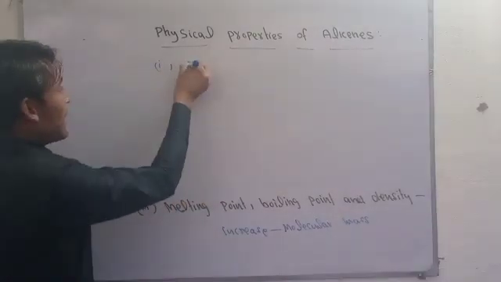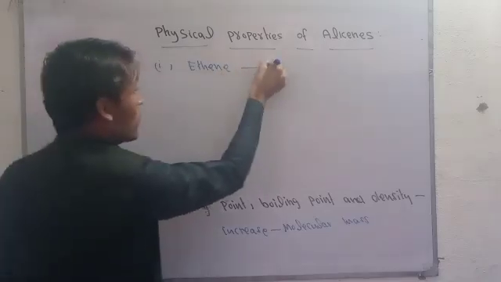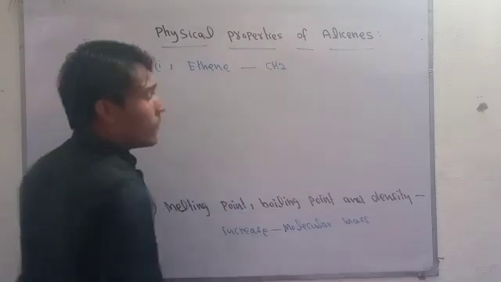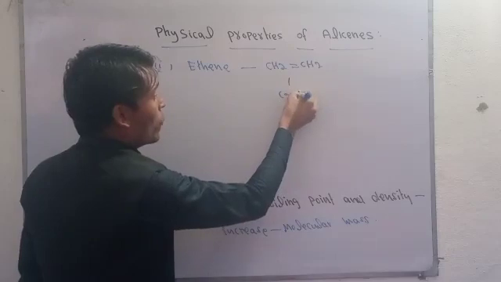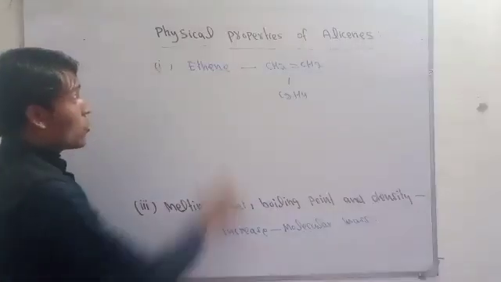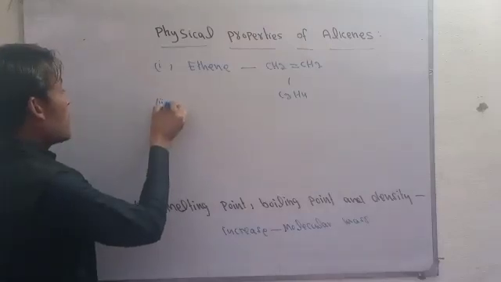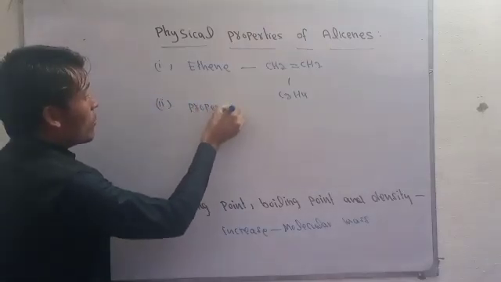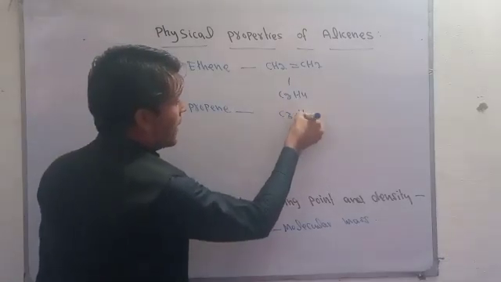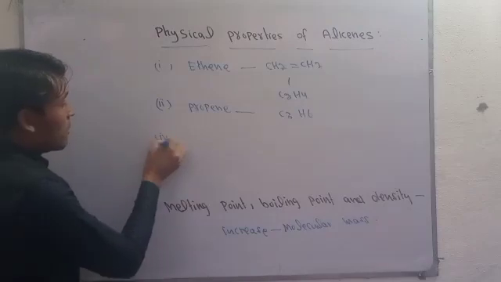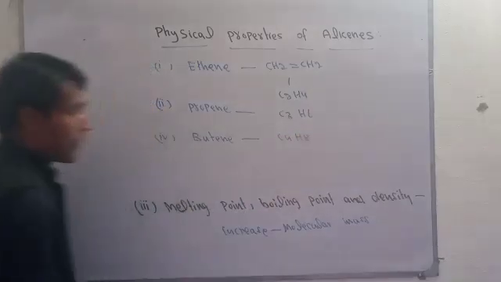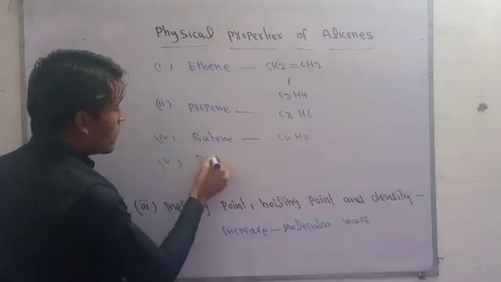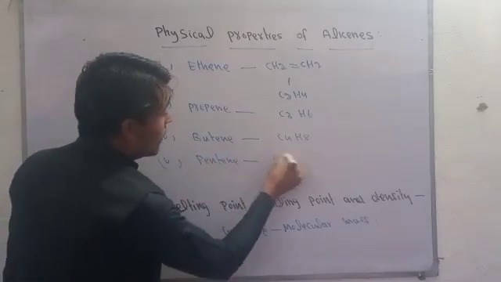Look at the first one, ethene. The formula of ethene is CH2 twice, simply written as C2H4. The next one is propene, and look at how the structure increases: C3H6. Then butene is C4H8, and pentene is C5H10.